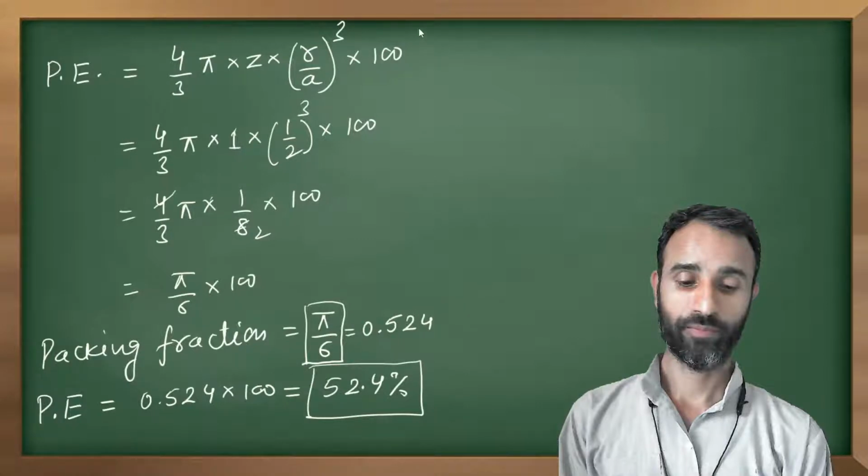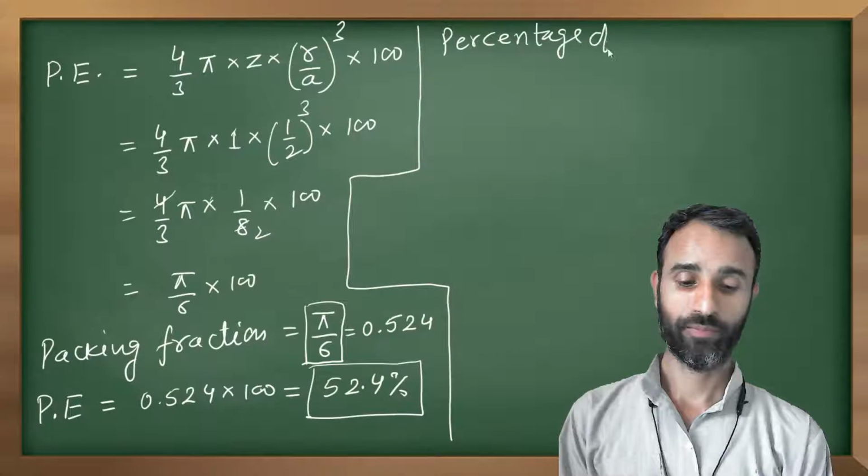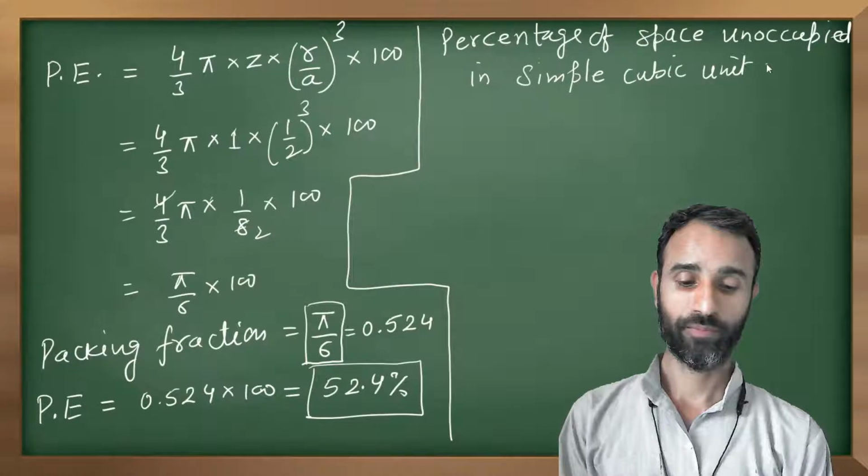So what is the percentage of the space unoccupied? This is the percentage of space occupied. So percentage of the space unoccupied in simple cubic or primitive unit cell is equal to 100 minus 52.4.